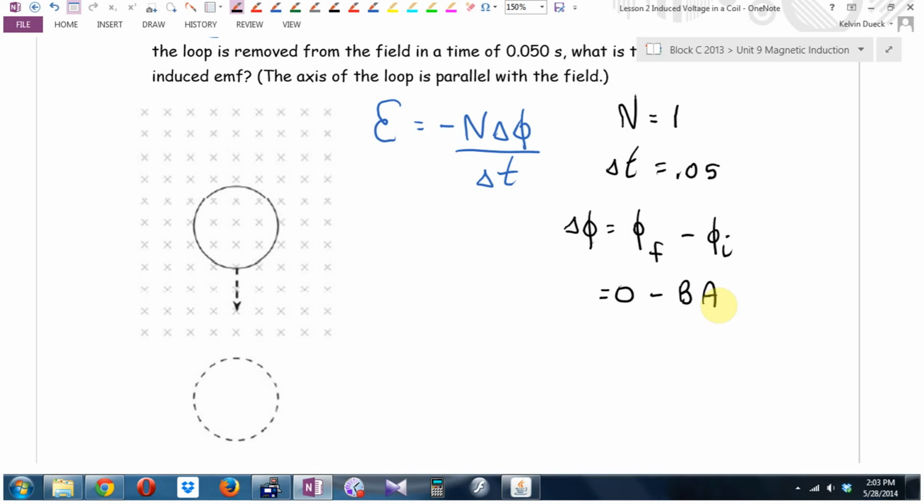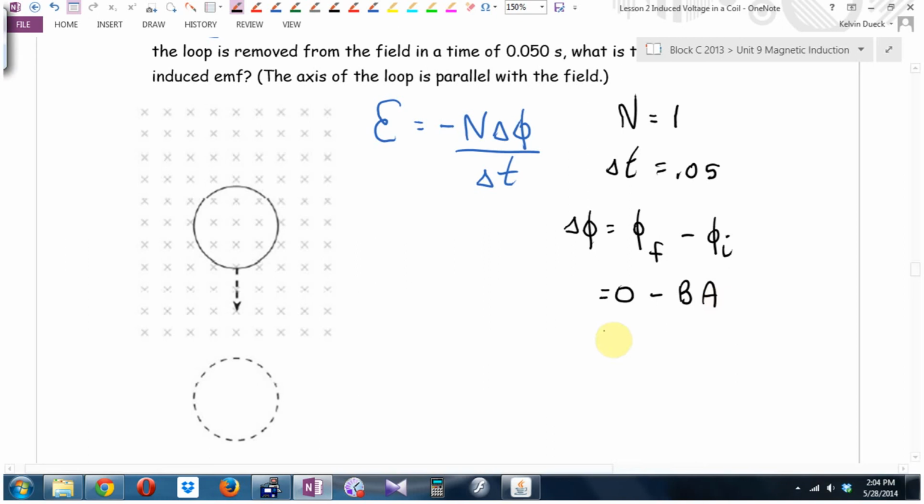What's the area of a circle? It's actually on your formula sheet if you don't have it memorized. Circumference is 2 pi r. Area is pi r squared. 2 pi r squared is part of a cylinder.